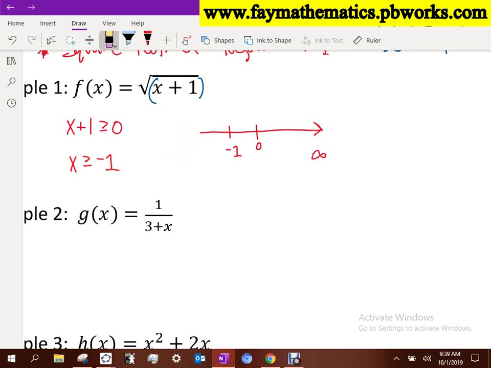Numbers like these that I'm erasing would actually give me a complex or imaginary number, so we can't use those. But negative 1 I am allowed to use. I would get 0 here, and the square root of 0 is 0. And I can use all the numbers to the right. So we need to write that then in interval notation.